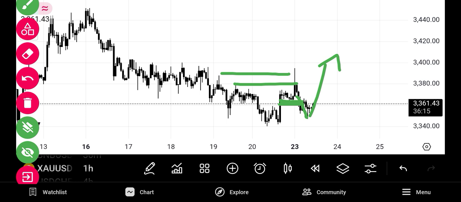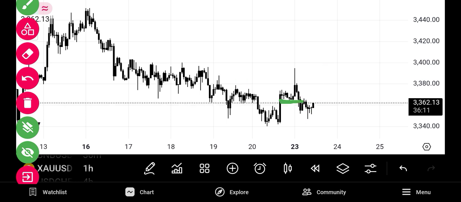What is scary about those lows is that it's double lows, it's double bottoms, equal lows, as they say. So you've got these equal lows, and usually equal lows are liquidity.